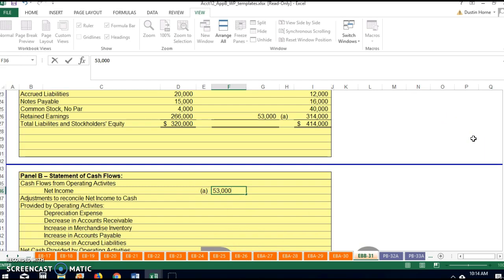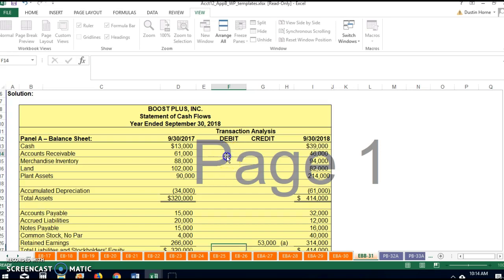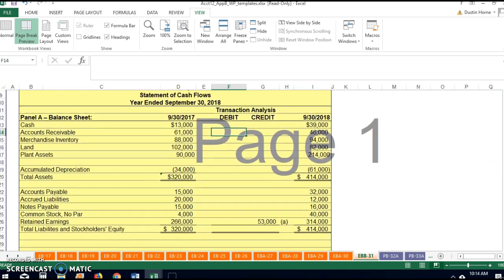All right, so for transaction B, we're going to go up to the accounts receivable here and do B. And when we look at transaction B, we notice that accounts receivable went from... give me just a second. We have to add depreciation expense first.